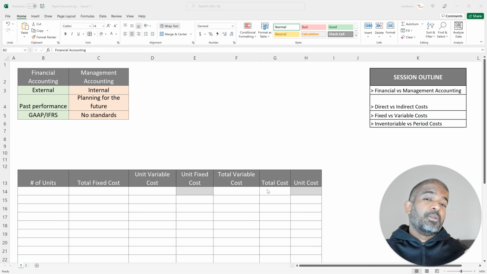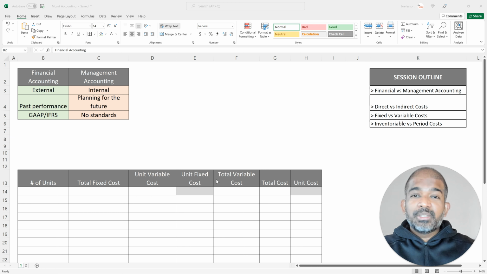A typical example for a fixed cost might be rent, which does not change depending on how much you produce. On the other hand, variable costs are costs that change with the level of production. A typical example of variable cost can be material used, which changes depending on how much you produce. The more you produce, you might have to use more material.